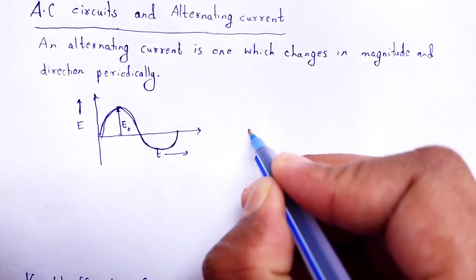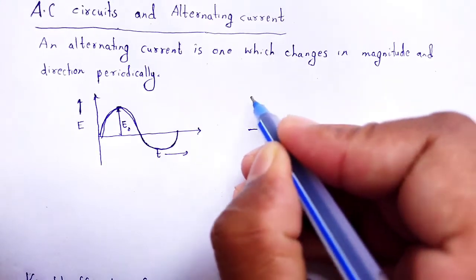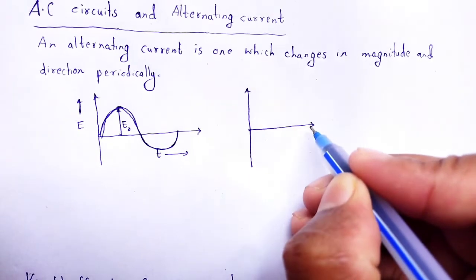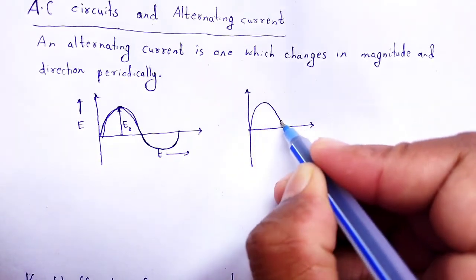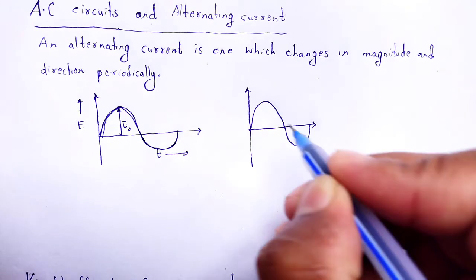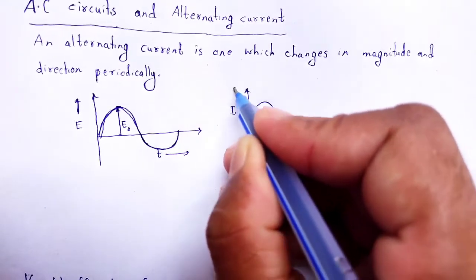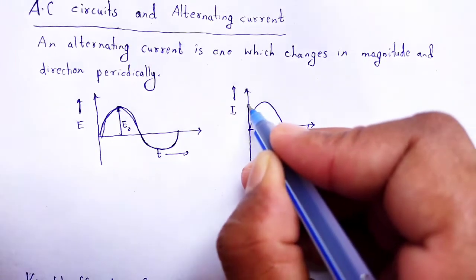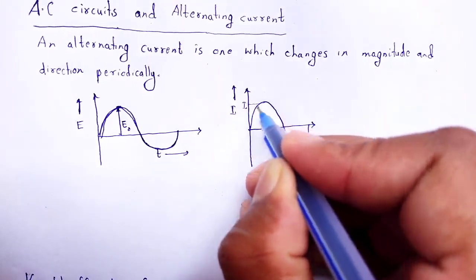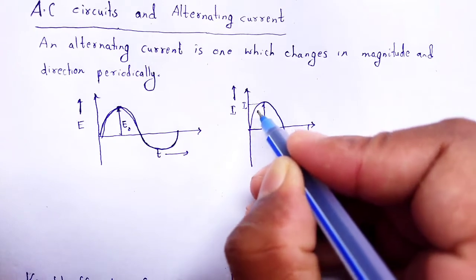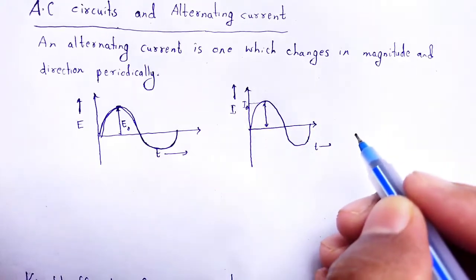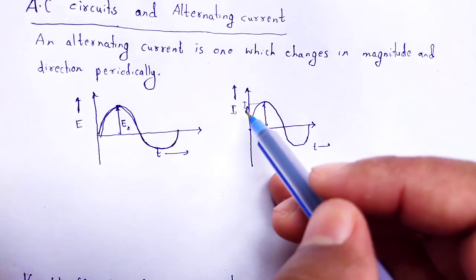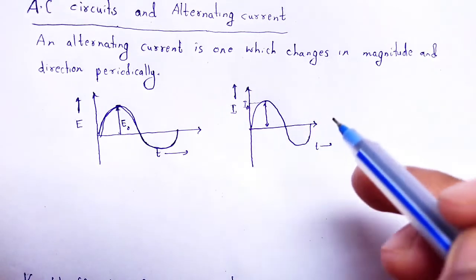Similarly, for current, this is the peak value, that is I naught, and EMF and current are given as instantaneous values.